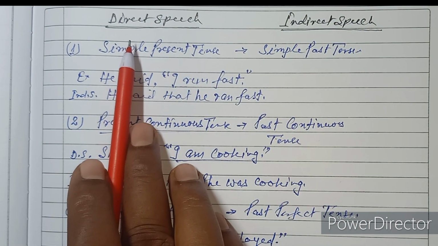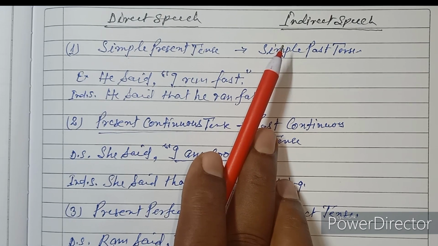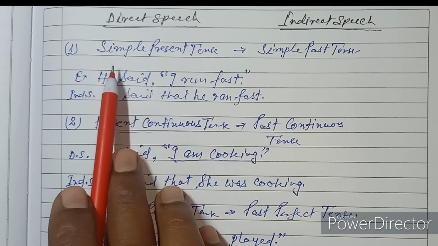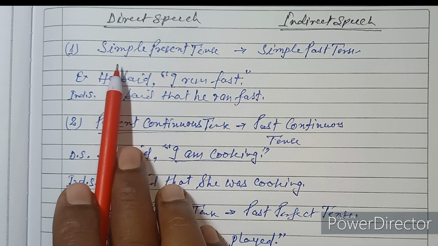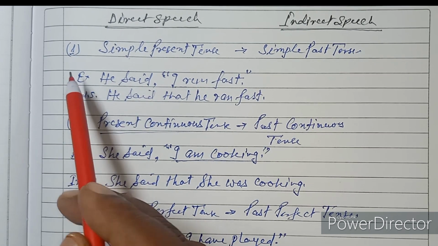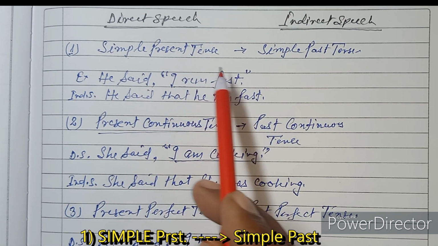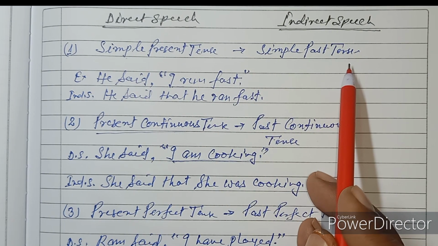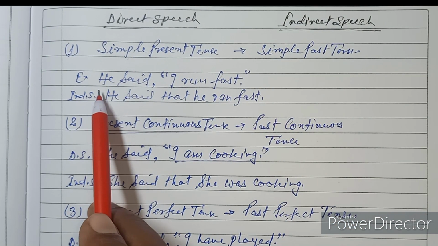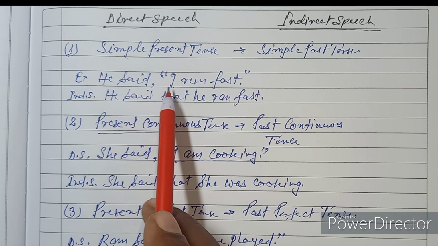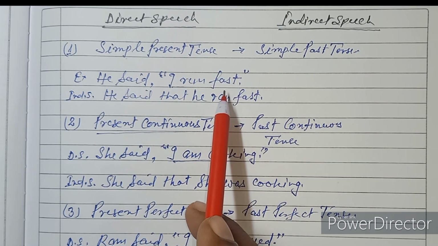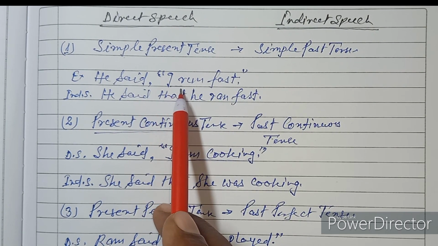When we change direct speech into indirect speech and the reporting verb is in past tense, then in rule number 1 it is written simple present tense will change into simple past tense. Example is here. He said, I run fast. Look, I run fast.